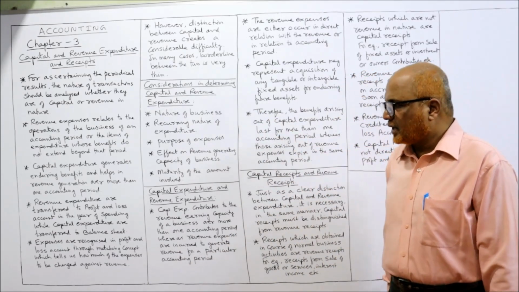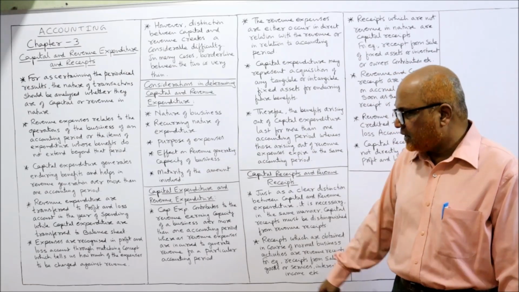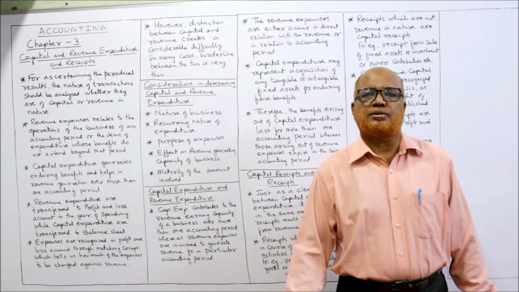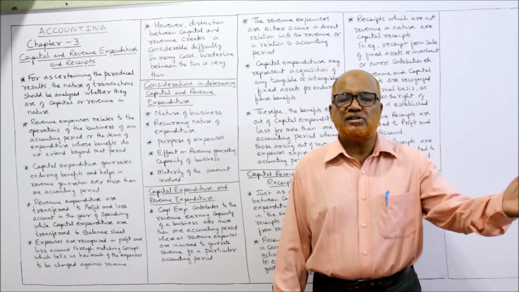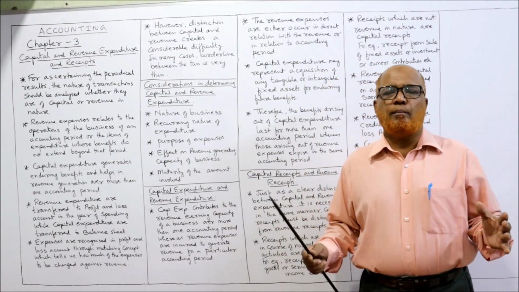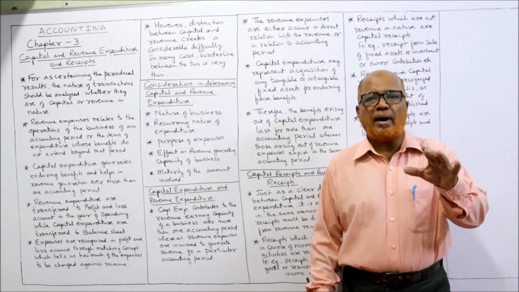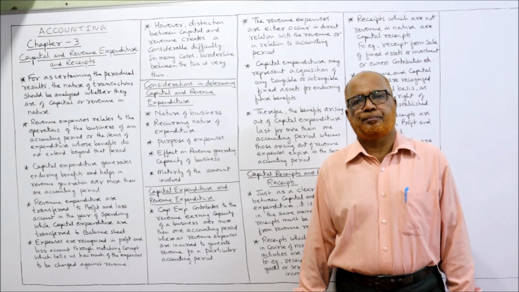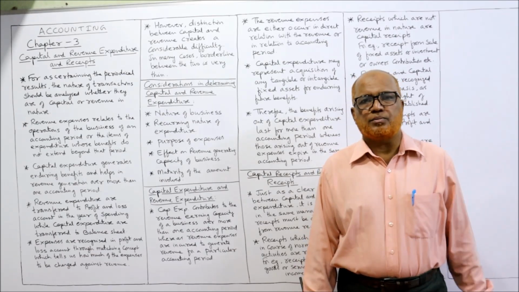Now, one more point, expenses are recognized in profit and loss account through matching concept. See, already in the previous video, I have explained you about matching concept where we have to match the current year revenue with current year expenditure. That is called matching concept.